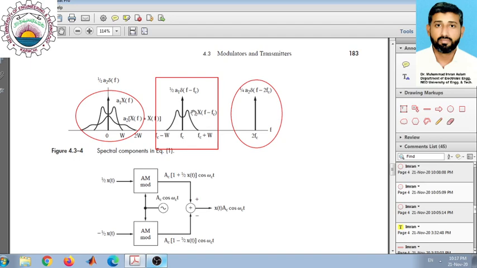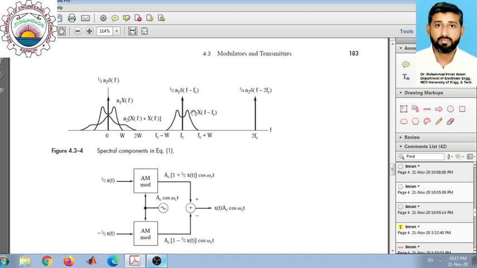In order to get the AM signal at the output, we need to perform filtering. So we need to extract this part only. We need to remove this lower frequency part, and we need to remove this high frequency part. So this type of filtering requires a band pass filtering.